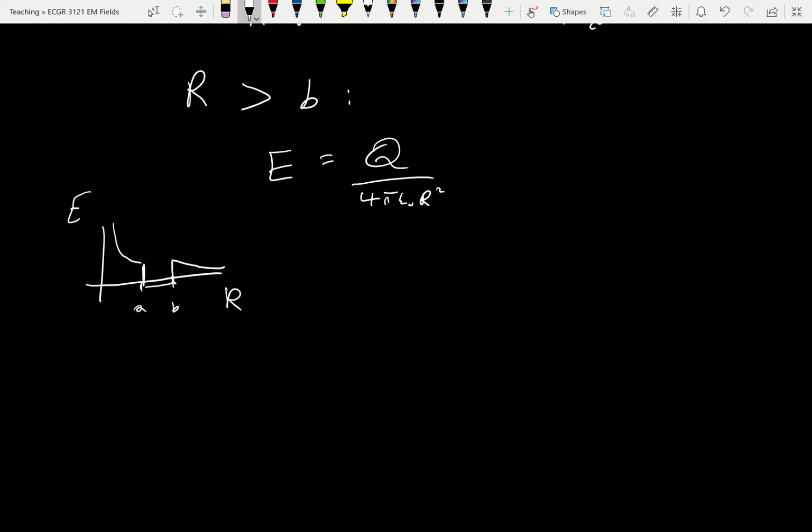This is what E looks like. So the fact is that E equals zero inside the conductor.